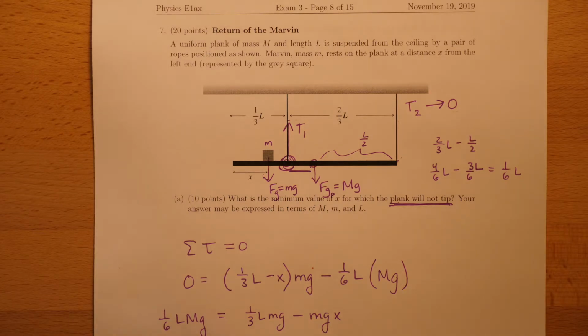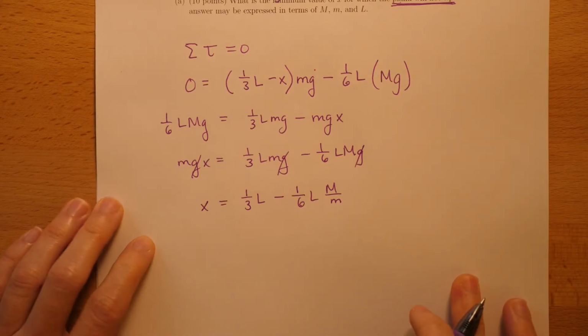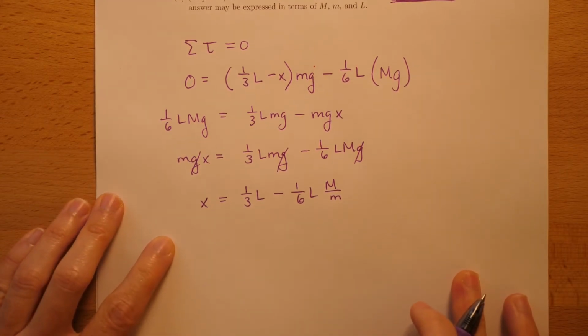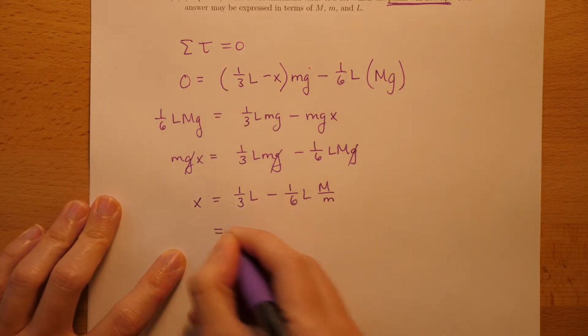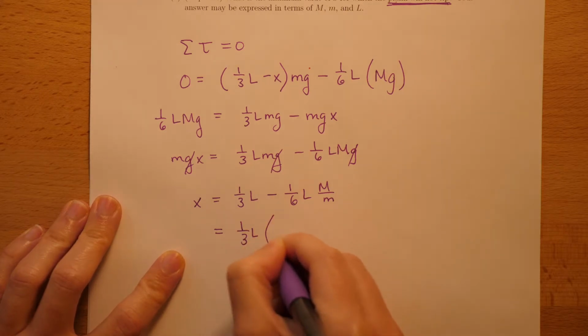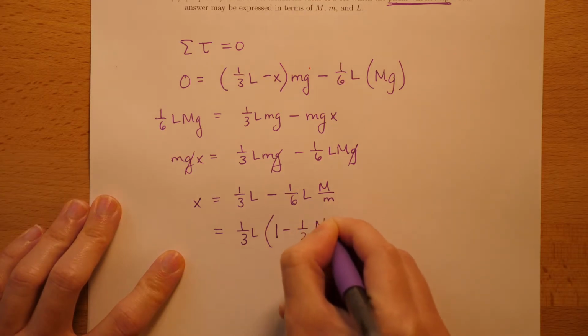And so the g's cancel. So x is, if I divide both sides by m, 1/3 L minus 1/6 L times M over little m. Just for fun, I'm going to factor out 1/3 L. So this will be 1 minus 1/2 M over m.